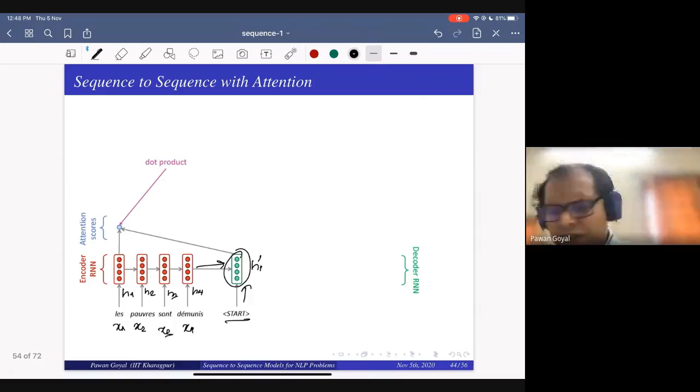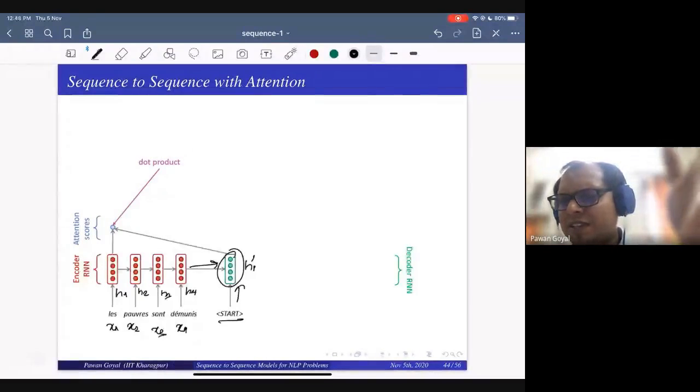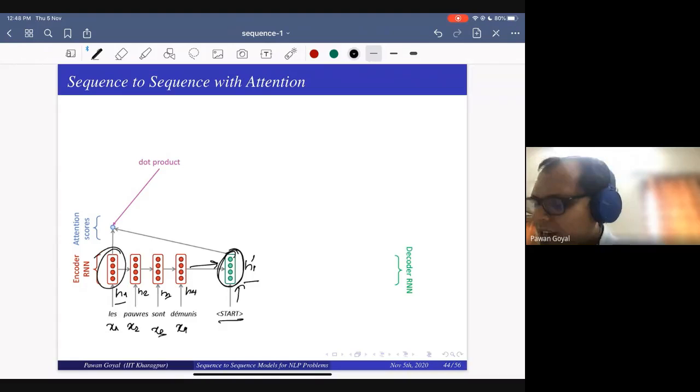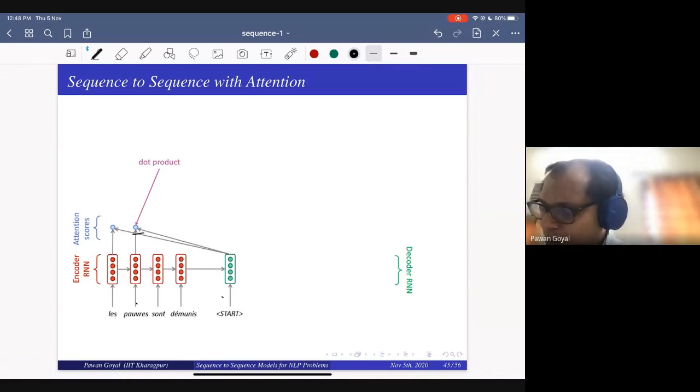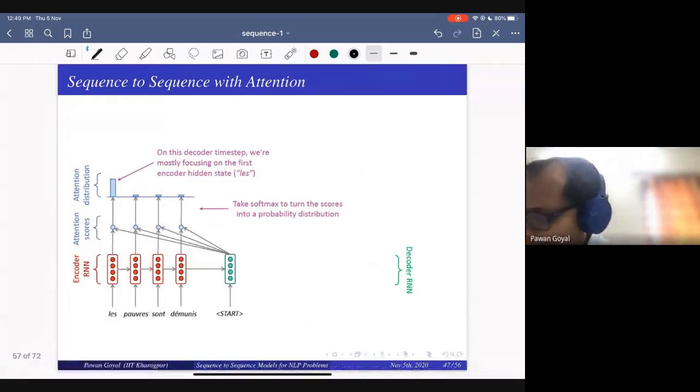To make things simple, assume that they have the same dimension, and you take a dot product. So you take a dot product of this hidden state and this hidden state and get a score. Similarly, you get a dot product of this and this, you get another score, another score, another score. So they are giving us scores.